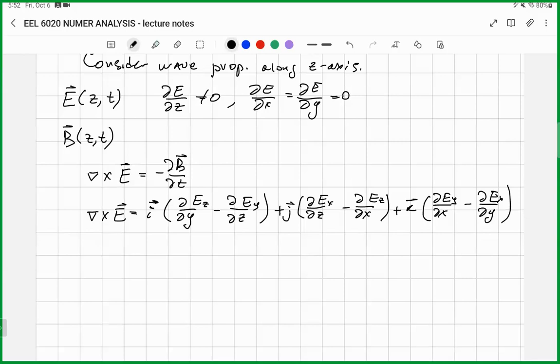Okay, and it's equal to minus the time derivative of the magnetic field.